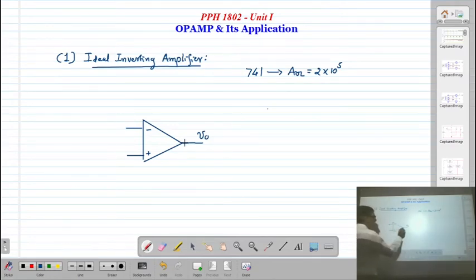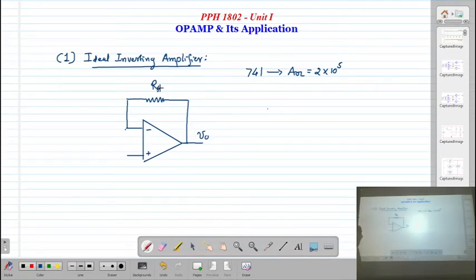So this is my output voltage, this is my input voltage, and we are connecting one resistance between the output terminal and the input terminal. This is known as a feedback resistance RF. Now, remember, what kind of feedback is this?